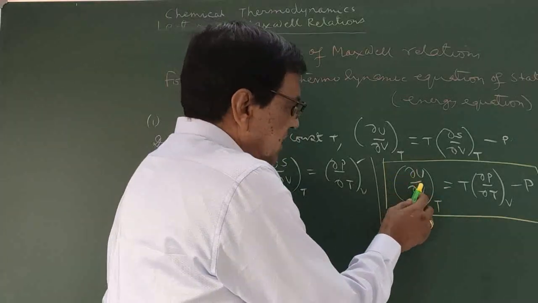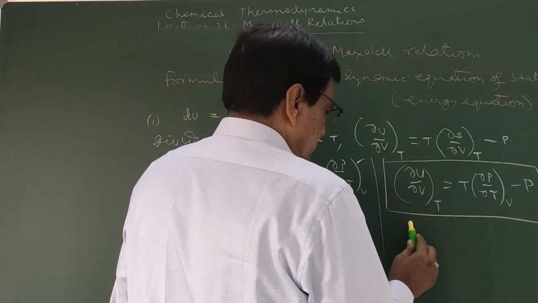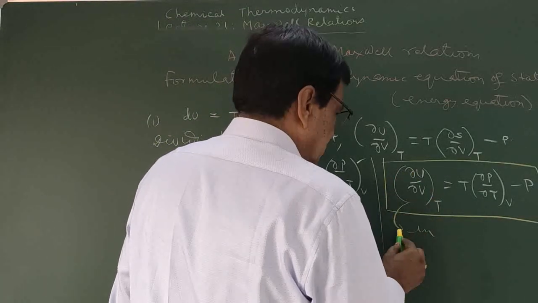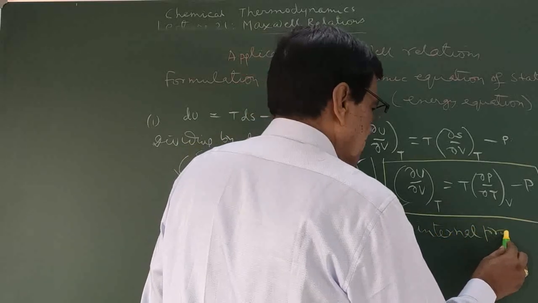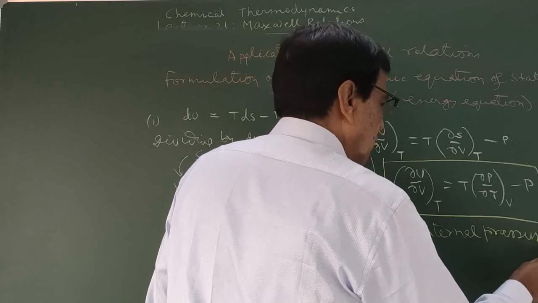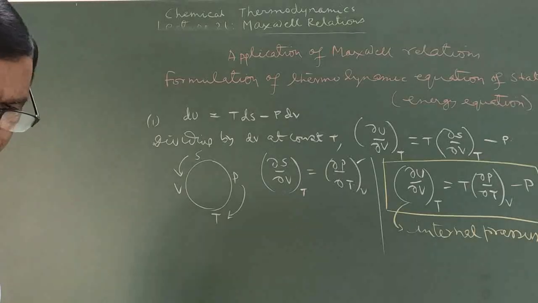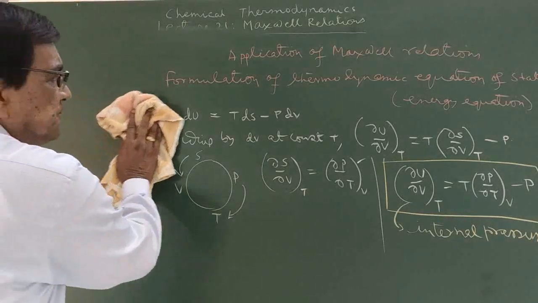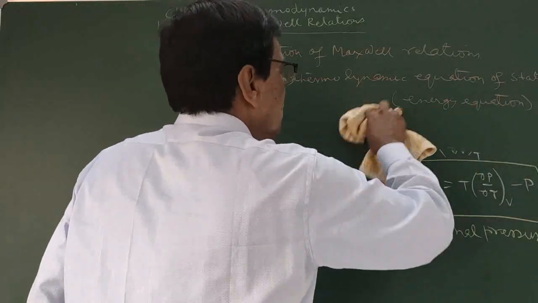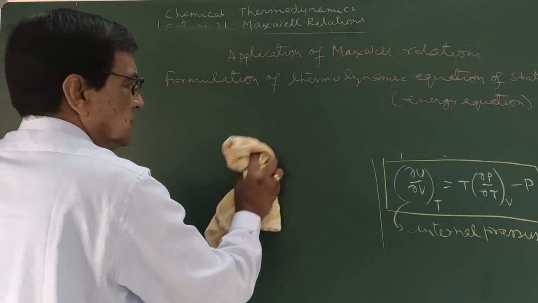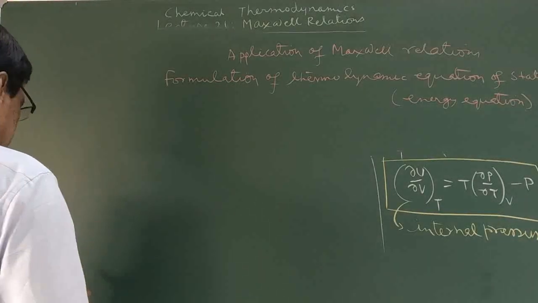From this, if we calculate for an ideal gas, this one is called the internal pressure of the substance in the system. So from this relation we can conclude for an ideal gas.